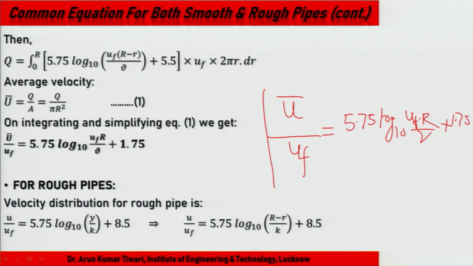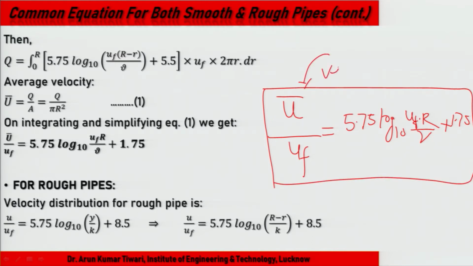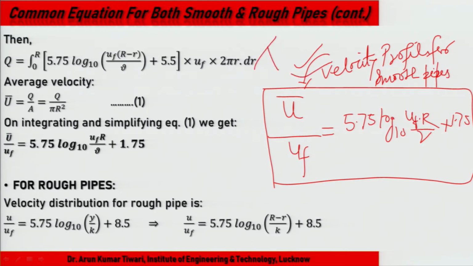This is the velocity profile for smooth pipes when the flow is turbulent.